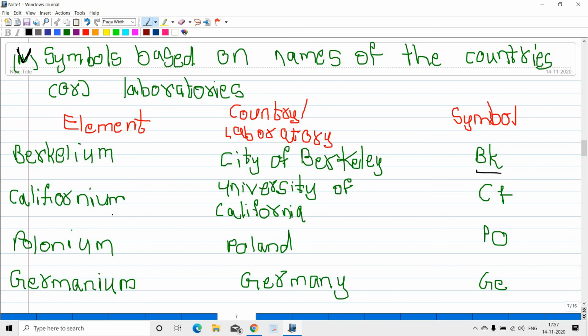University of California, the element is californium, and the symbol is Cf. Poland, polonium, Po. Germanium, Germany, Ge. Another two: americium, America, Am. Ruthenium, Russia, Ru. These are examples of symbols based on names of countries and laboratories.